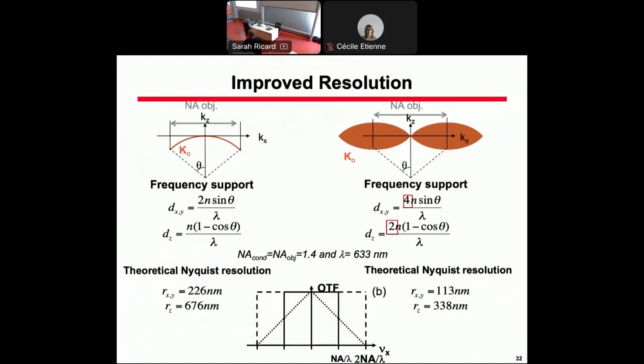Okay, so why do we have a better result? Why, if it's the same optical system? That's the trick.